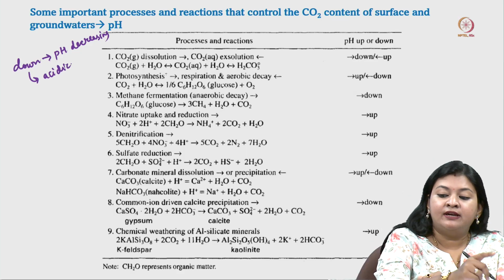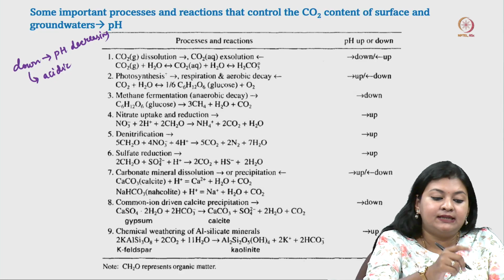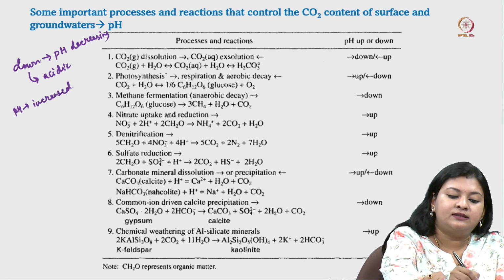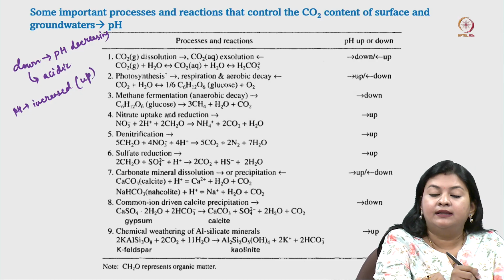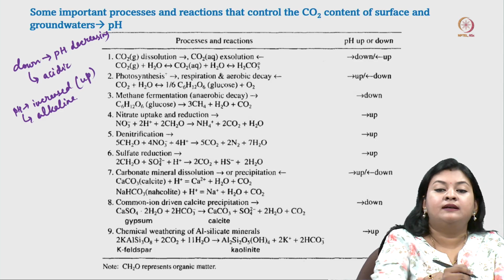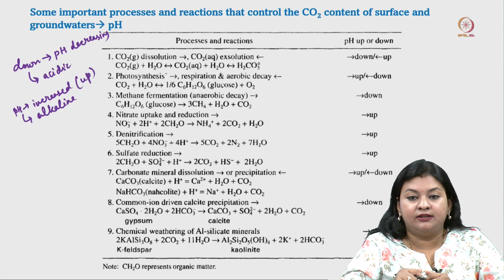If the reaction is such that the pH is increased, that is the value is going up, then I say it is causing more alkalinity, it is moving towards more alkaline conditions.